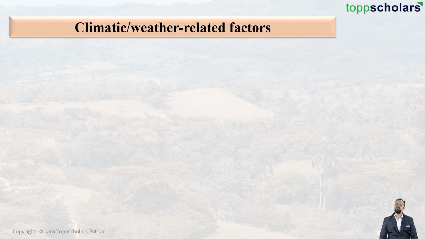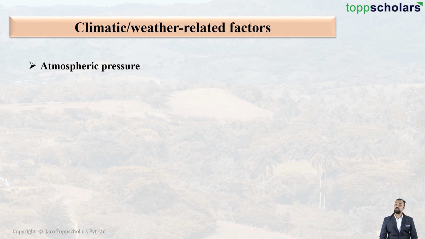Moving on students, now let us see certain factors which are related to climate and weather. Firstly, we have the atmospheric pressure. Students, normal atmospheric pressure is 1 atmosphere and this pressure goes on decreasing as the altitude increases.